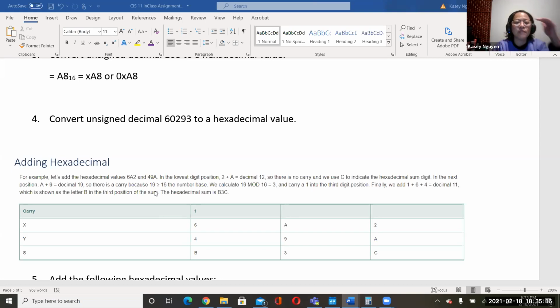When you get something higher than 16, you simply take 19 and mod it with 16, which gives you a remainder of 3. Professor, would that be G? No, there's no G, there's nothing after F. It only goes to F and then it cycles back to 0 again.